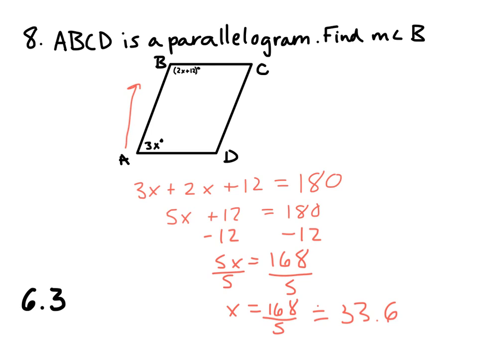On the tests, if there's a fraction, you could just leave it like this, because you guys won't have your calculator. So just make sure it's in simplest form, but we can't divide 168 by 5, so we can just leave it as 168 over 5.